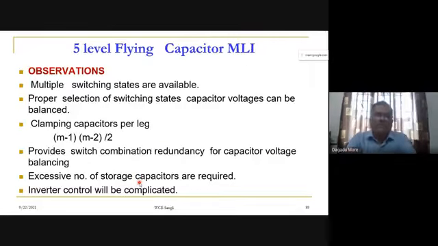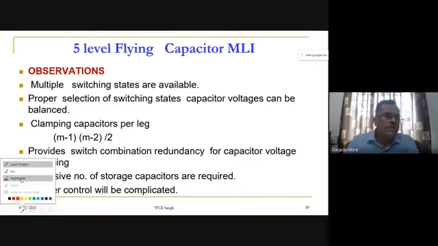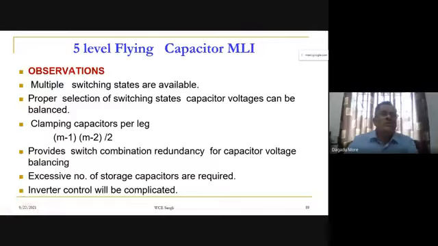So what will be our observations? First observation: multiple switching states are available for minus VDC by 4, 0, and plus VDC by 4, but they are not available for plus VDC by 2 and minus VDC by 2.